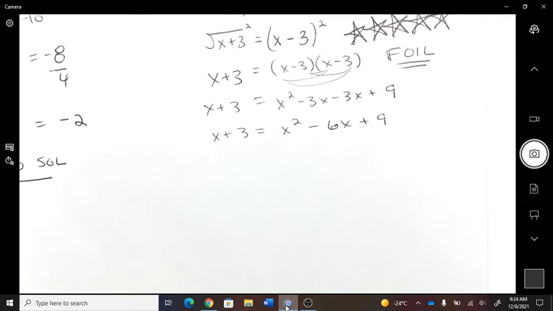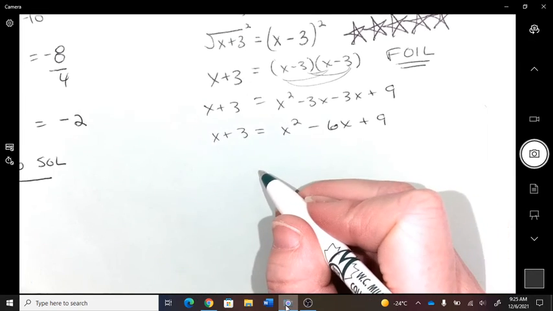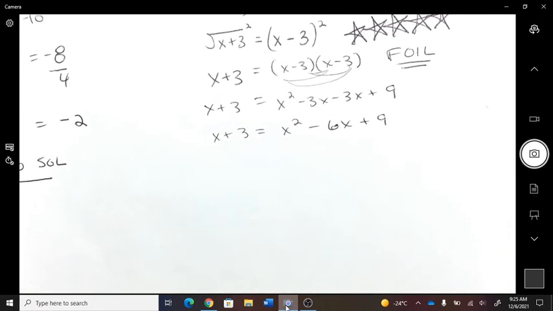Okay, what do you think we should do algebraically when we see that there's x squareds and x's involved? What do you got to do right away? Make what? One side equals 0, right? So x squared is the boss.